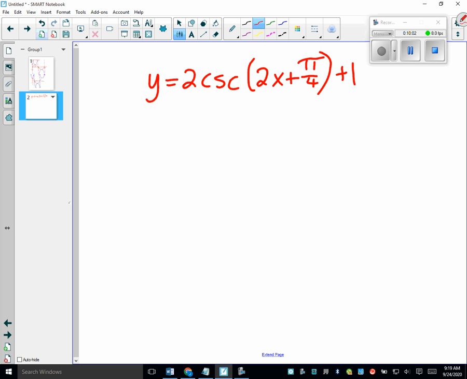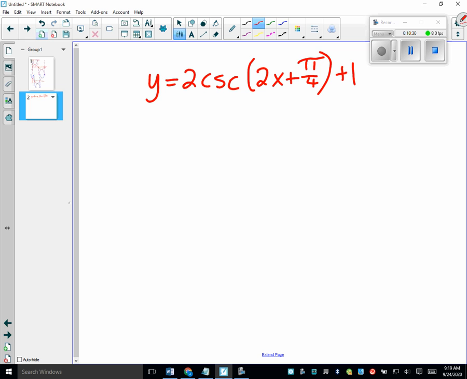Go to your window. We're graphing one period. So on your window, what is x minimum? 0. I fooled you, didn't I? We always start at 0. What is x maximum? X maximum is 2 pi. I want 1 period.